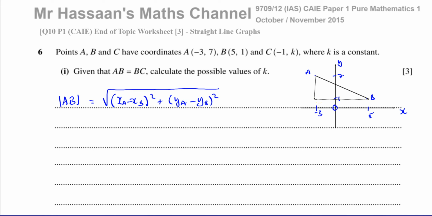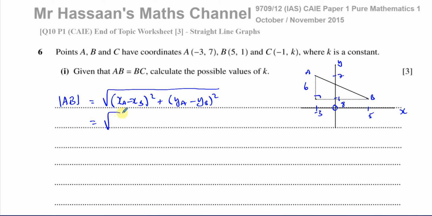That tells me the two shorter sides of this right angle triangle. The difference between the x coordinates, between 5 and -3, is 8 units. The difference between the y coordinates, between 7 and 1, is 6 units. As this is a right angle, I can work out AB. That's what this formula basically is.